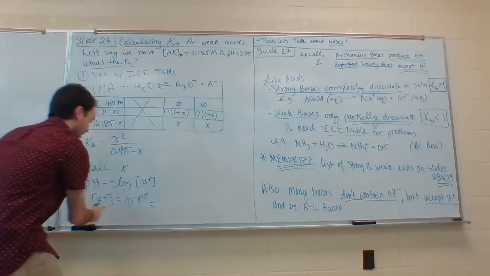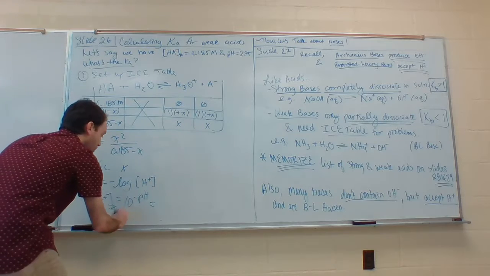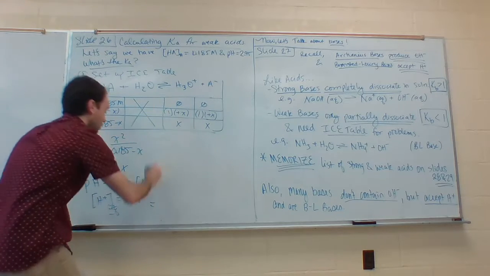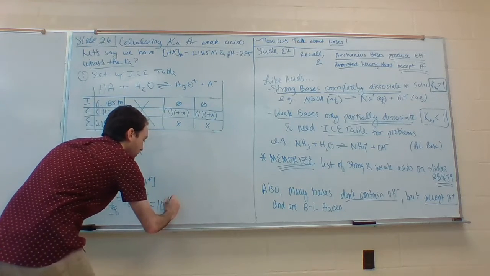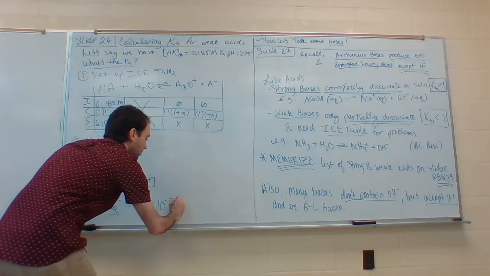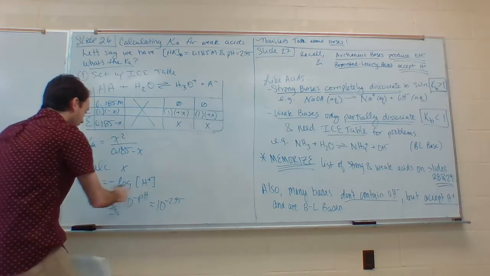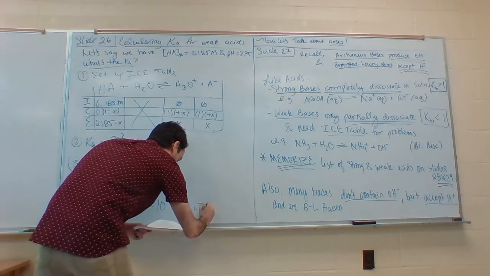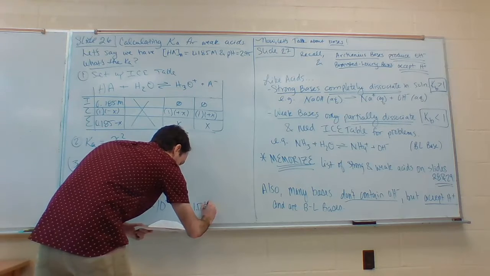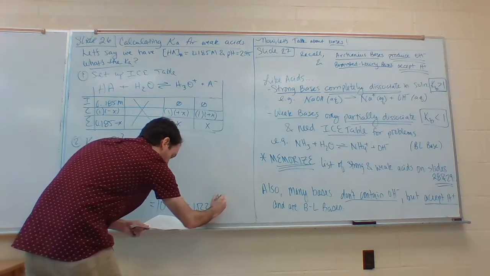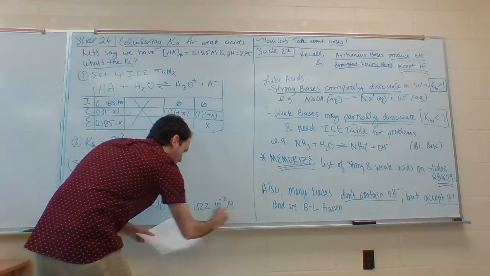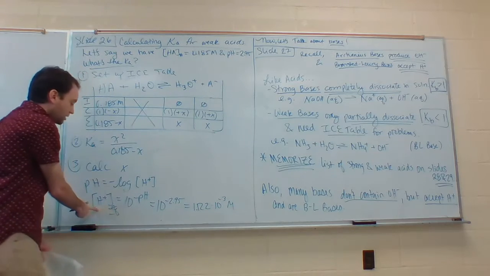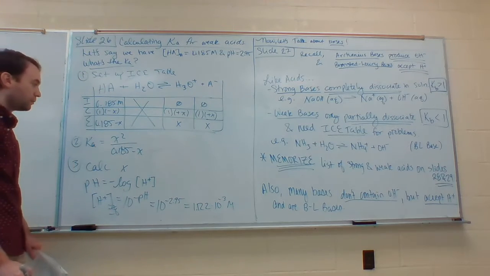So in this case, my concentration of H plus at equilibrium is equal to 10 to the negative 2.95, which means that my concentration of H plus is equal to 1.122 times 10 to the negative 3 molar. Okay, so that's my concentration of H plus at equilibrium.